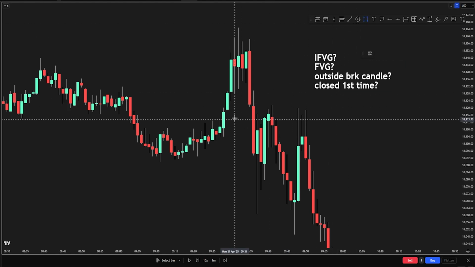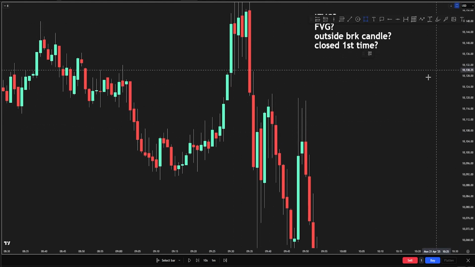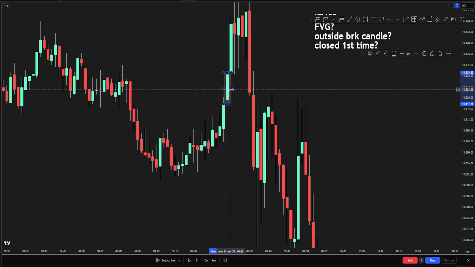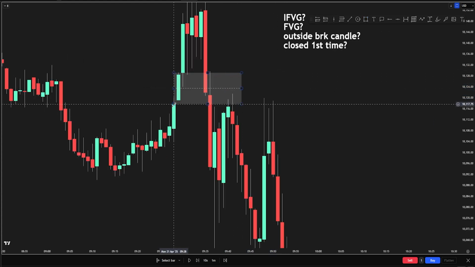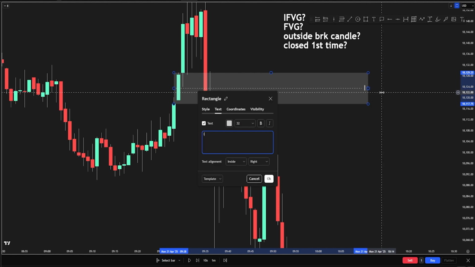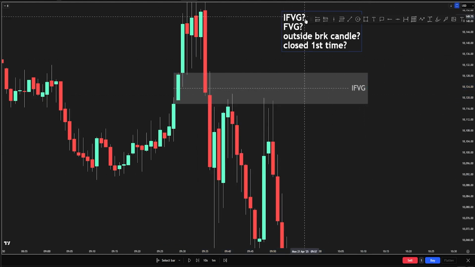Yes, we have an inverse fair value gap. Where is it? Right here, from this low to this high, from this candle, 1, 2, 3. We have a volume imbalance here, so we include that in the fair value gap, and that would be our IFEG. So IFEG, yes, check.